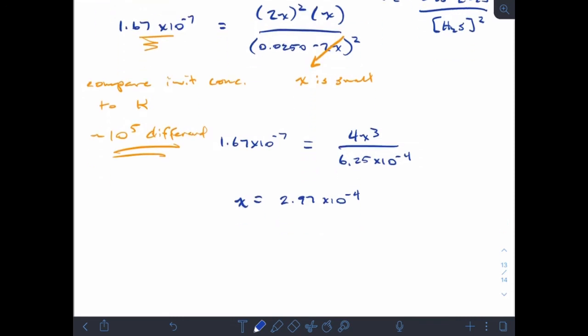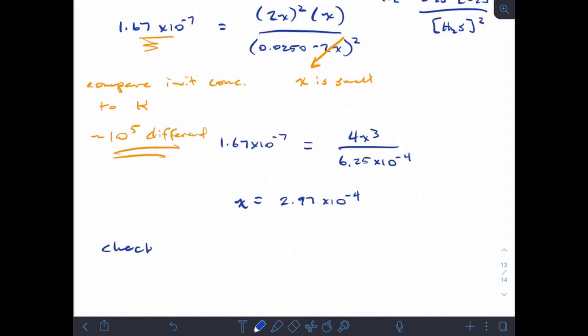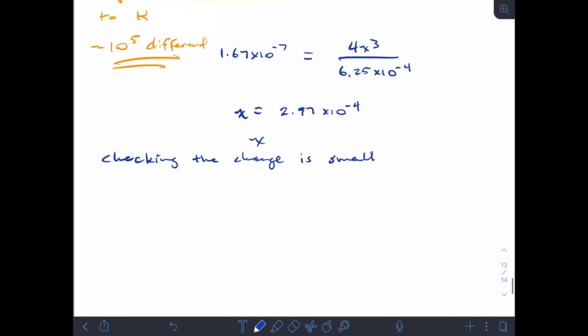Here's how you know whether or not you're allowed to do this: checking that the change is small, or we say checking that x is small. The way you do it is you divide x by the initial concentration and get a percentage.